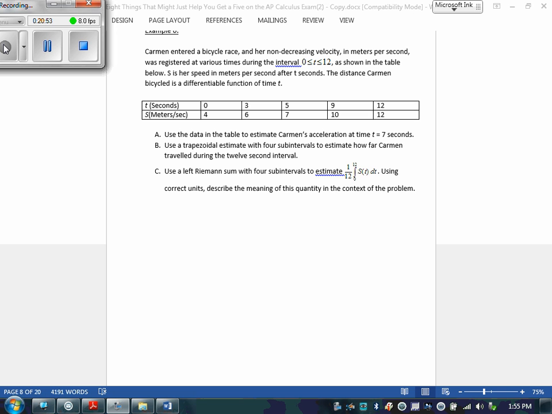Okay, looking at this problem, you have to be really careful with the wording, and a lot of times they try to sneak some words in there that, if you're reading it too quick or not remembering all the words that they use, might be important later on. The important word that I see as soon as I start reading this is non-decreasing velocity. Why wouldn't they just say velocity?